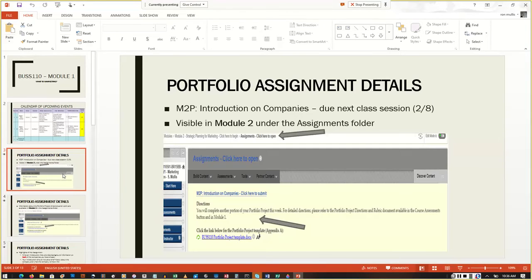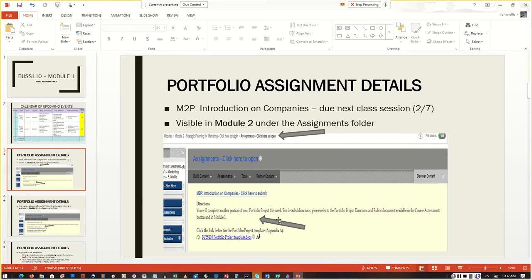Alright, some of the assignment details. Again, the introduction is actually due on the 7th, so let me change that right now. You can view this in Blackboard, going into Module 2 under the assignments area.